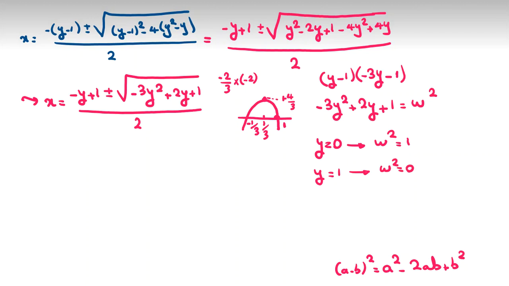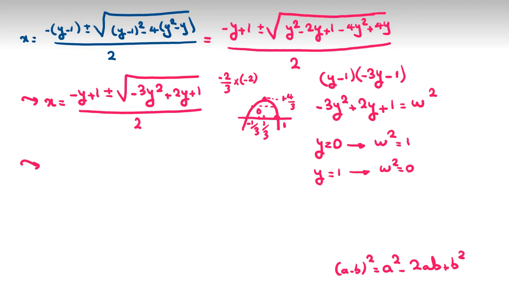So w squared can be only 1 or 0. After y equals 1, it will be negative, so we should check only y equals 1 and y equals 0. The only two answers are possible, because if y is greater than 1, this part will be negative, but w squared cannot be negative. If y is, for example, negative 1 or something like this, again it will be negative. So w squared is 1 or 0.